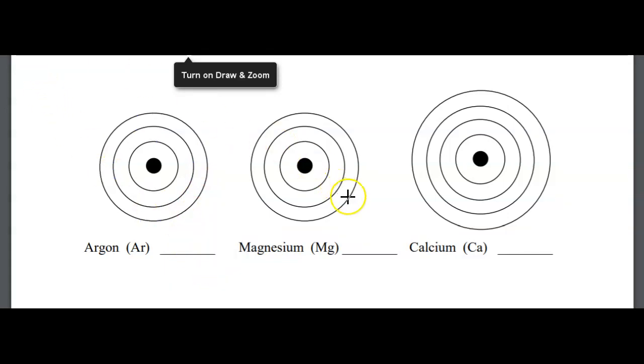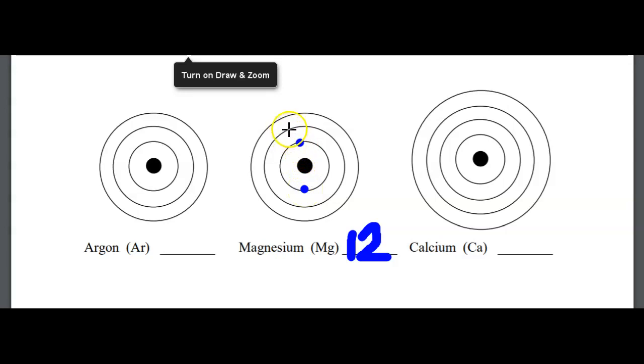Now let's take a look at magnesium. We'll do this one more problem together. Magnesium has an atomic number of 12, which means there are 12 protons inside of the nucleus and 12 electrons that orbit the nucleus. So how many go next to the nucleus? 1, 2.